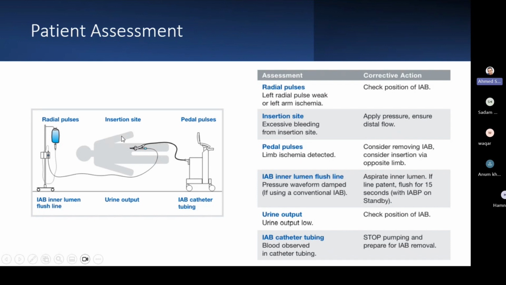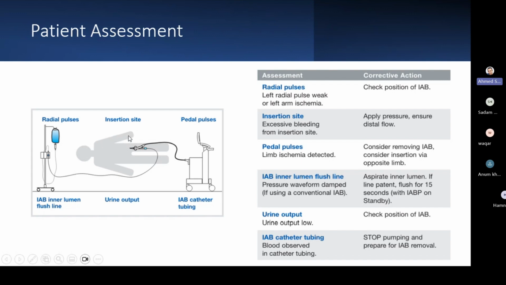And the intra-aortic balloon is sitting here in the descending part of the aorta. So if this balloon migrated upward, it might occlude the blood supply going to the left subclavian artery.